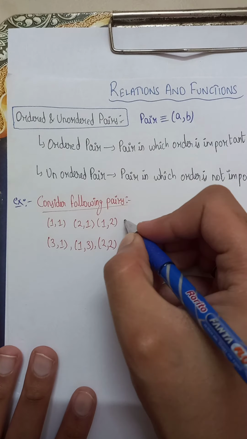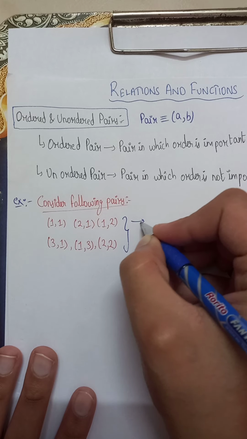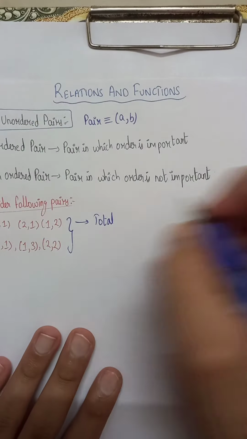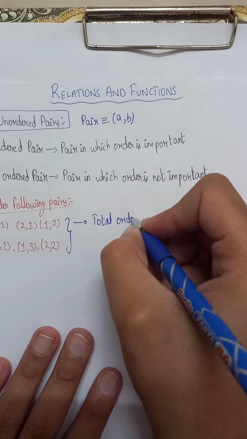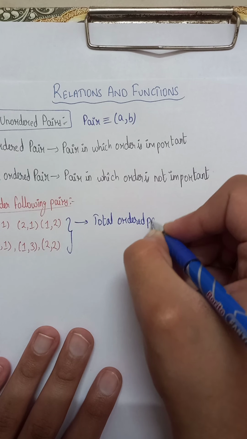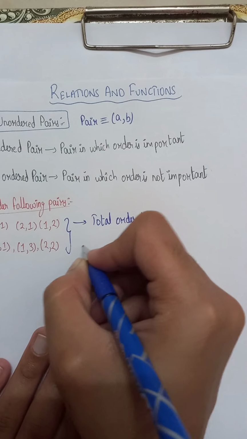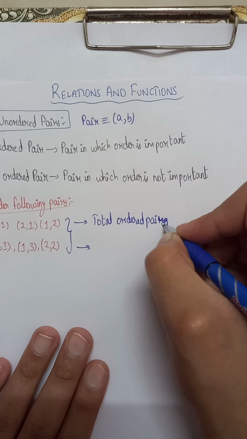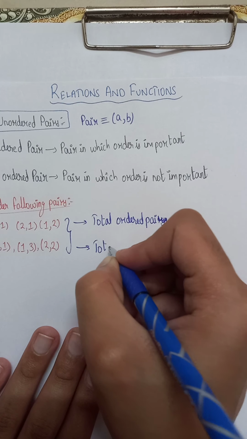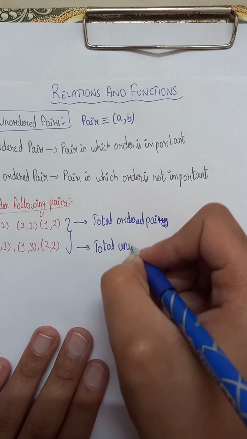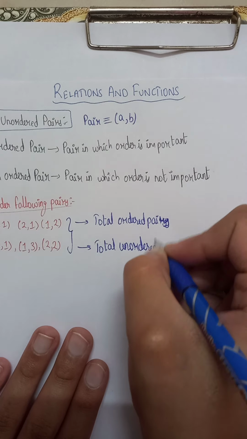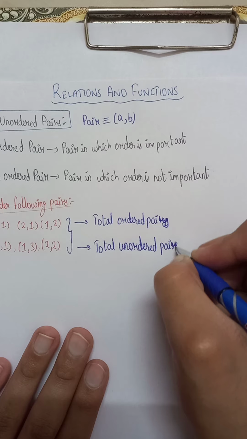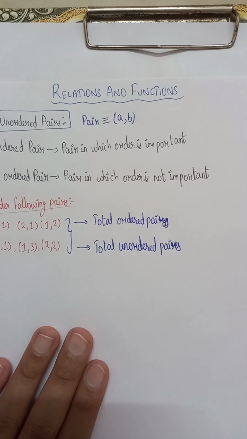The question is, you should write the total number of ordered pairs and the total number of unordered pairs.